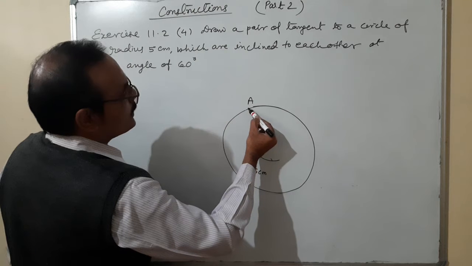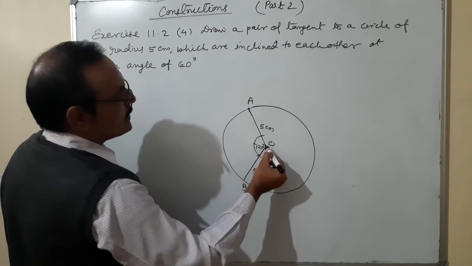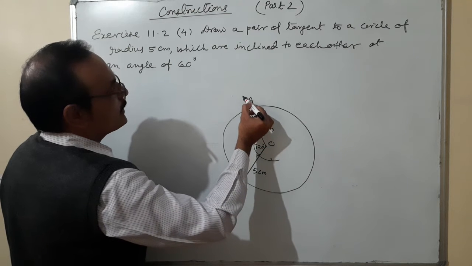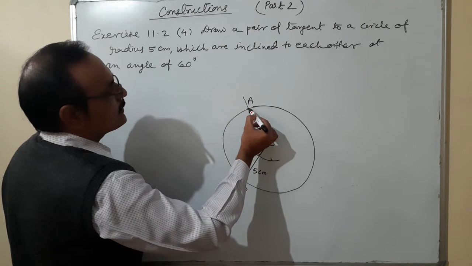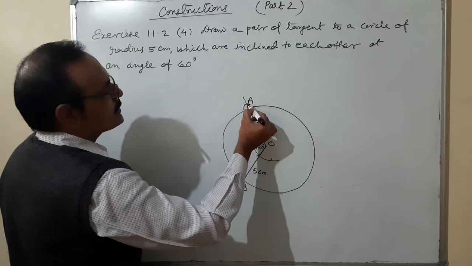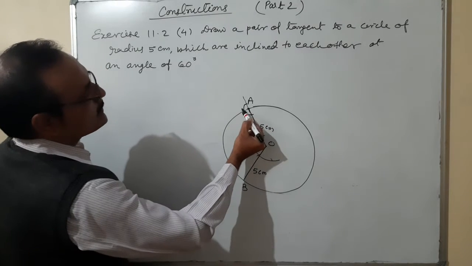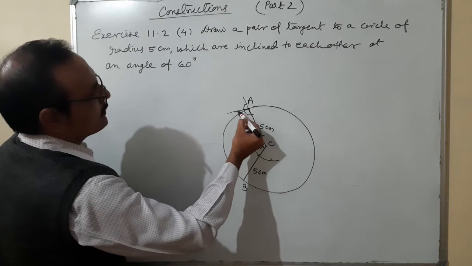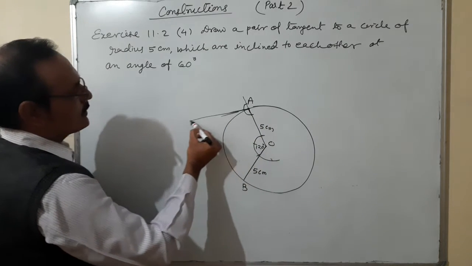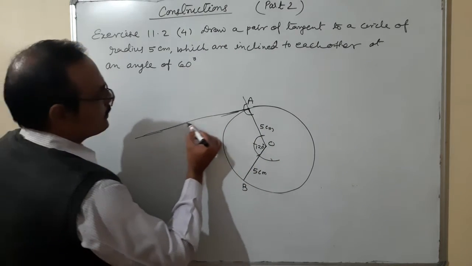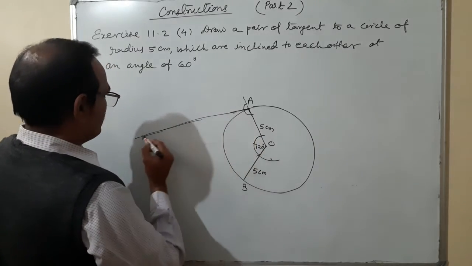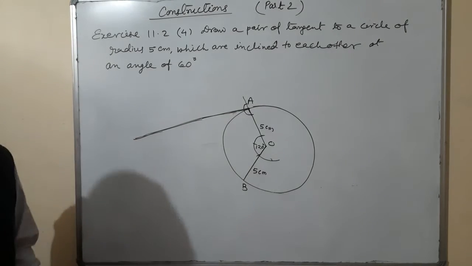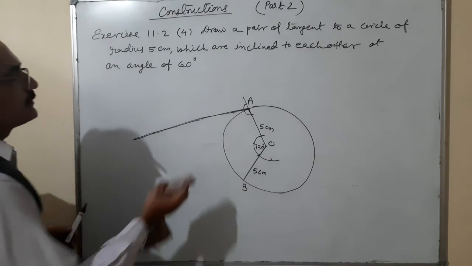So through this point A, this line is treated as a baseline, and suppose I place the protractor here in this manner. This is the position of the protractor. Here is a 90 degree angle, and from here I can extend the line. Okay, this is the line through this point which makes a 90 degree angle, right?